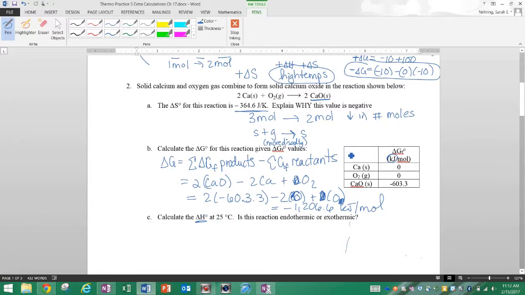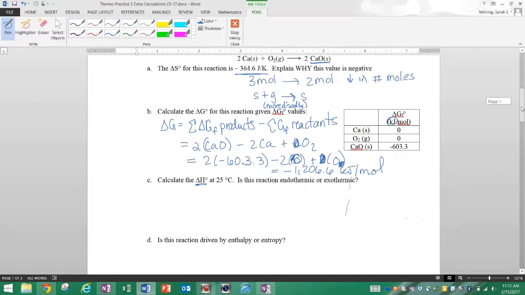And calculate delta H at 25 degrees Celsius. So there's lots of ways to find delta H. Remember, we can use calorimetry, we can use Hess's law, we can use heats of formation. There's all sorts of equations. Which one you use depends on what you're given. So what we know here, we know that the delta S is negative 364.6 joules per Kelvin, and we know that the delta G is negative 1206.